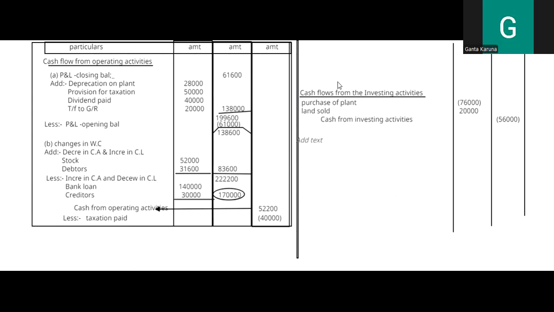Let me show you. Financial activities are all other things, especially the liability part, the share capitals or the loans or the debentures, these kind of things we will be taking. So financial activities I'm going to take.